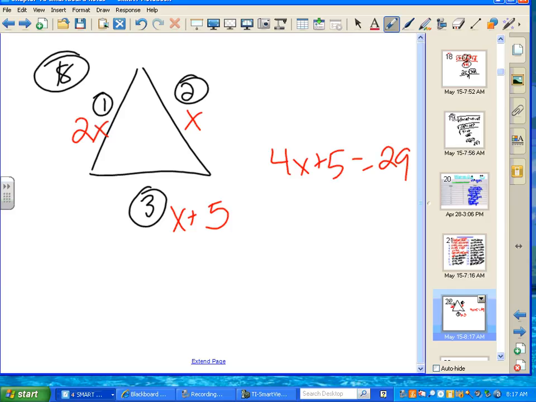Okay. Okay, anyone else? Neil? The third side is 5 more than the second side. This is the second side. I'm not going to reread the whole thing, but it said the length of the first side is twice the length of the second. So the first side is twice the length of this side, and then the third side is 5 more than the second.